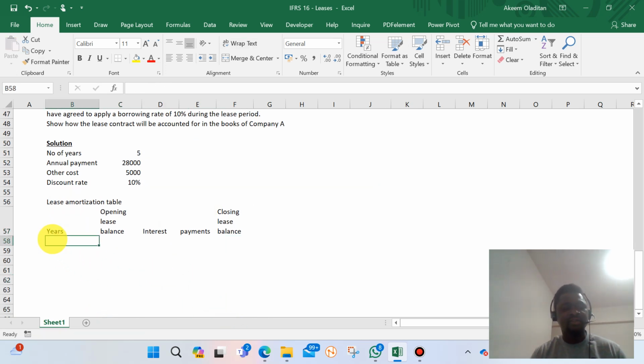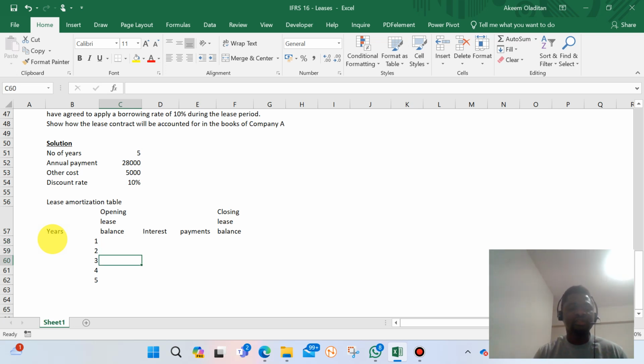So the years on the lease is 5 years. We say 1, 2, 3, 4, 5. So the opening balance we don't know yet. And don't forget that the standard says that we should first of all look at the annual payment on the lease for that period of the lease and discount it to the present. That will be the value of the lease liability.